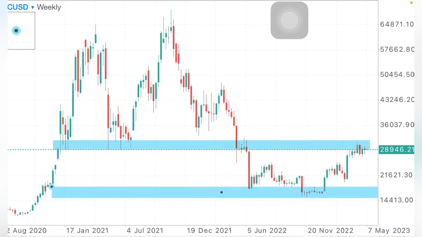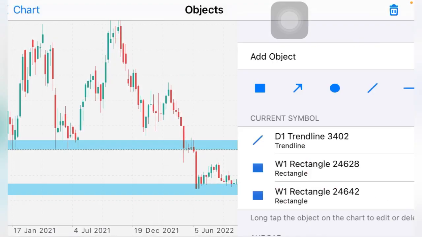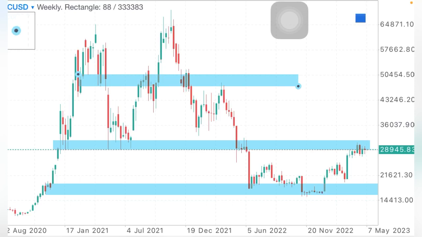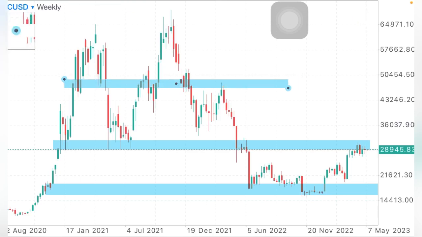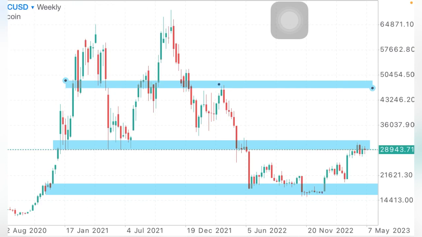All right, when I mark it out, what I'm going to do next, I'm still seeing resistance above. Here the market was rejecting. Okay, these are my zones, key level zones where the market rejected.